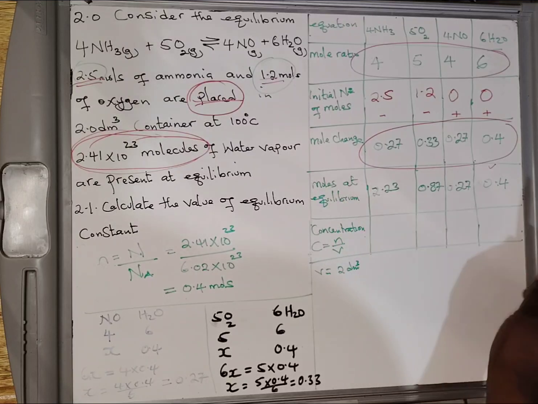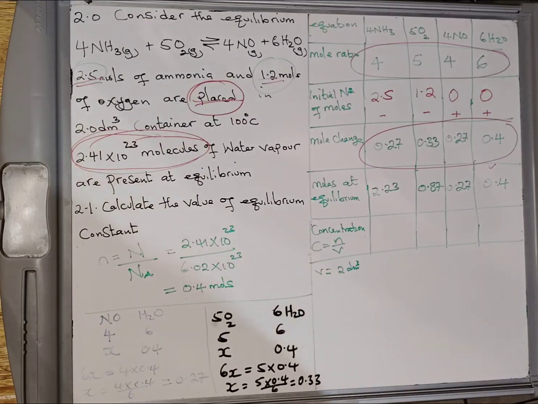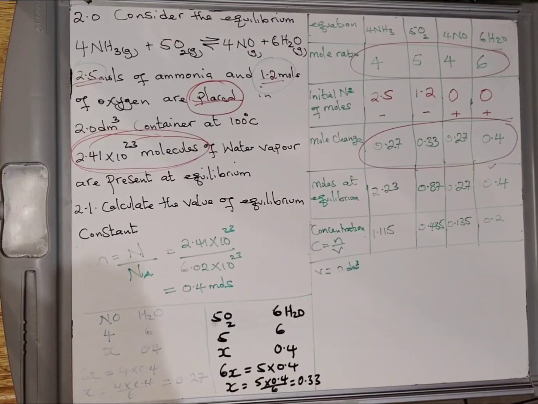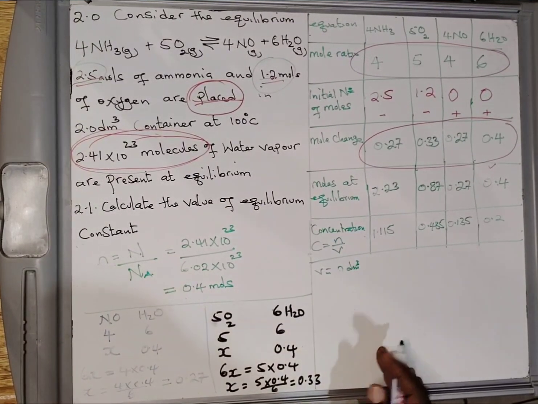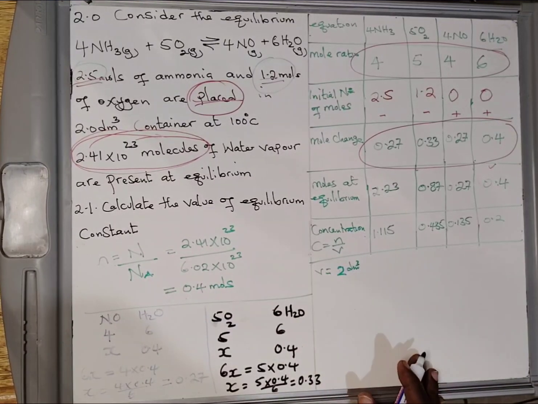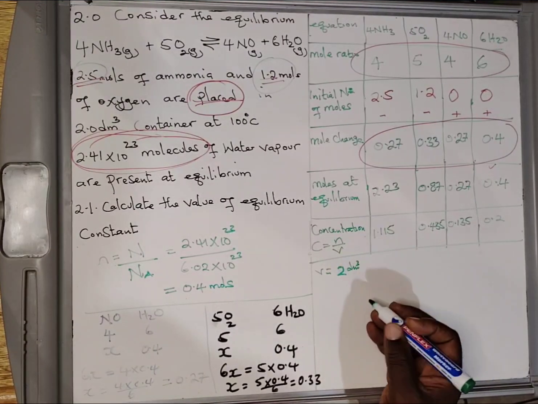So you're going to divide each one of these by 2. And let's try that one and see what we get. Yeah, so after getting the concentrations, the next step is to get the expression.